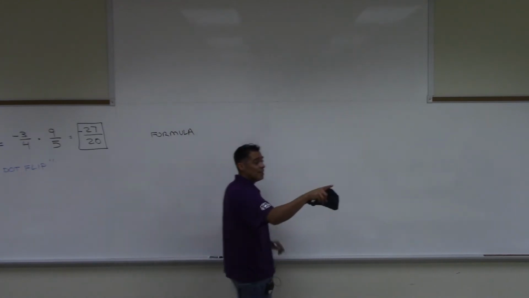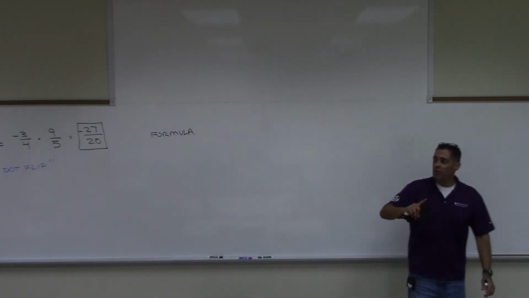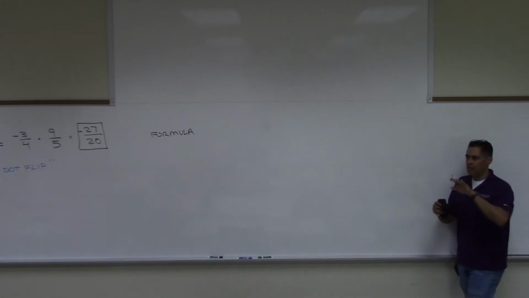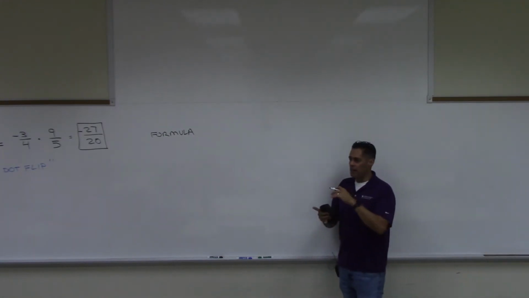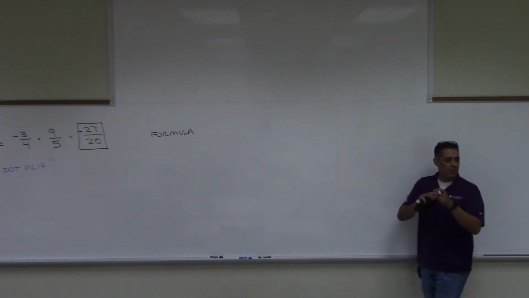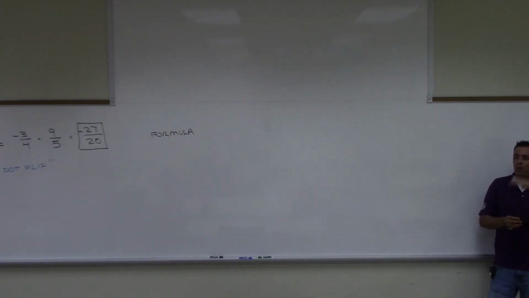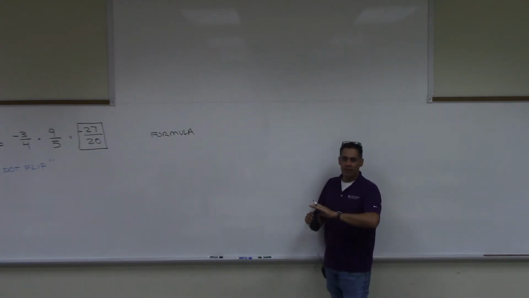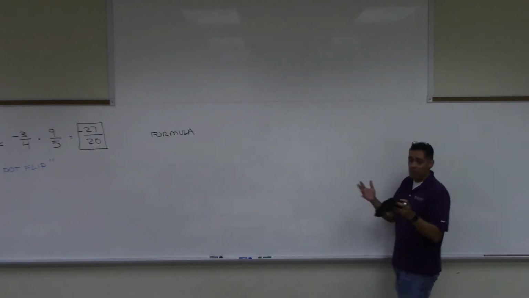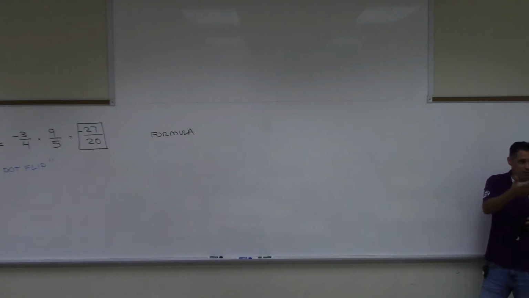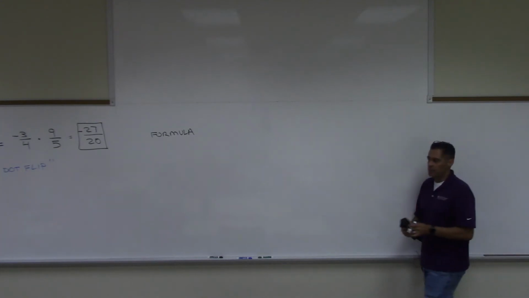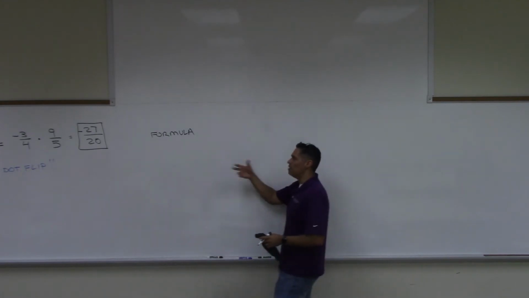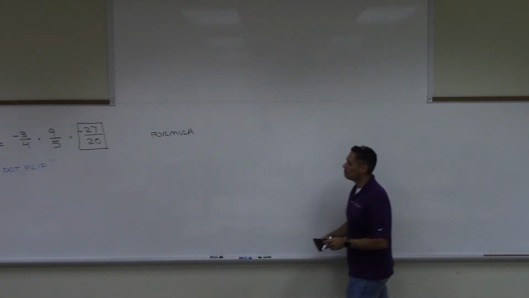On your tests, I allow you to have a sheet that you create that is front and back, where you can have any formulas, steps, procedures, whatever you want on this, but you can't have worked out problems. Okay, so you're going to have a reference. You're going to have to create it yourself, but just so you know that as we move on, any formulas that I put up here, that's always something you can put on your sheet, all right?